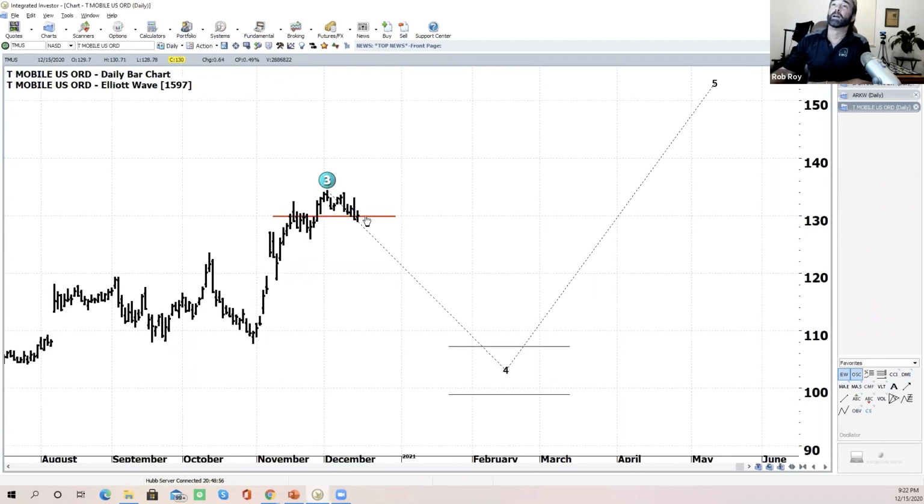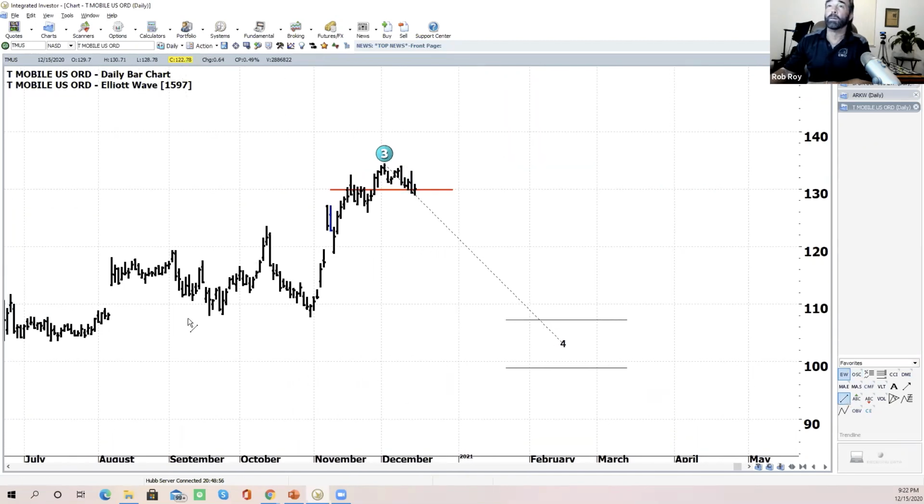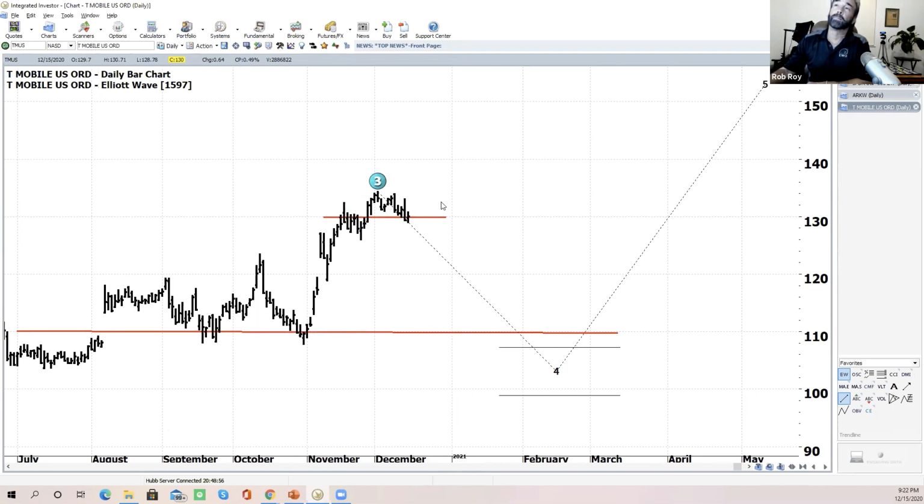So we can take that off. But the key here is we want to see this hold the 130. If it breaks below with a confirmation day, then we either need to adjust it or just get out, because probably 110 is the next level in a very short period of time. But we need to let it do its thing. See if it's going to hold this 130 level.